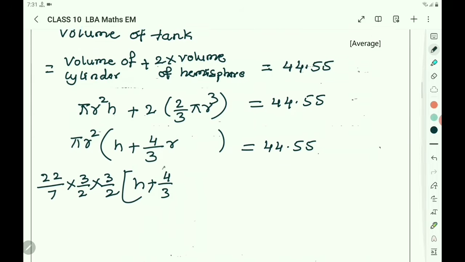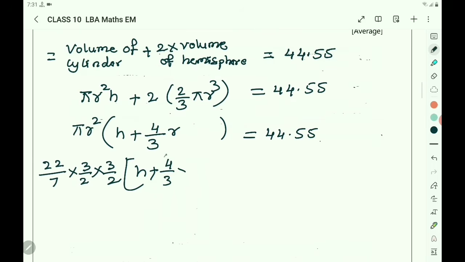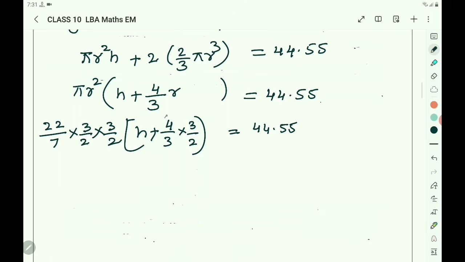Diameter is 3 m, r is 3 m by 2, right, into 3 by 2 equals 44.55. Then here you can cancel 2 ones are 2, 11s are.